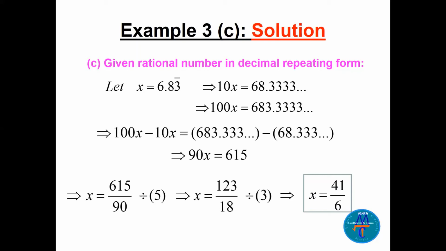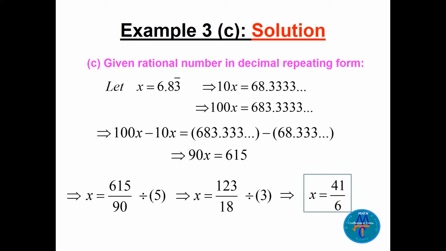Now forget about x. Concentrate on the 10x. Since I have one repeated number, I multiply 10x again by 10. I will say it again: 10x is equal to 68.333 repeated. Forget about x now. Multiply the second equation by 10. So 100x is equal to 683.33.